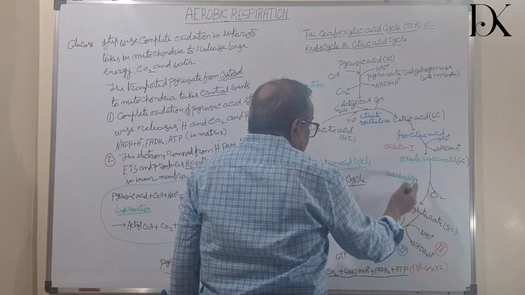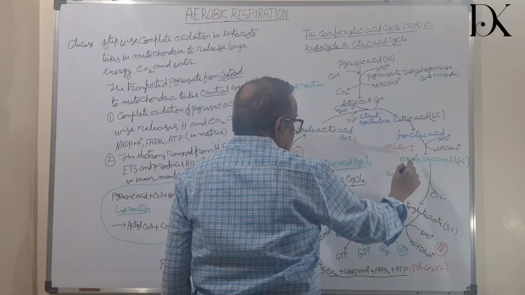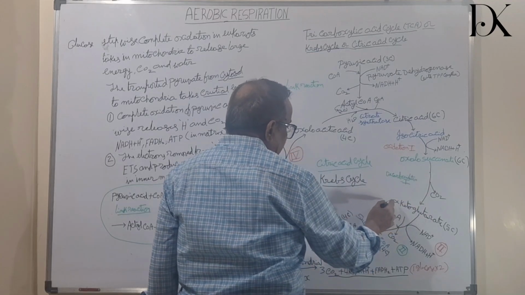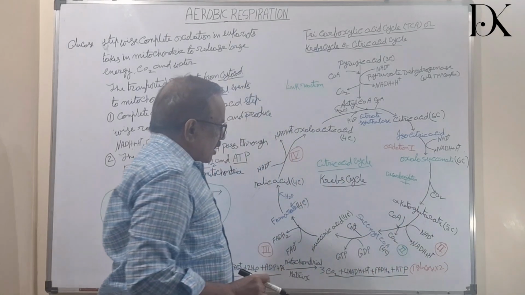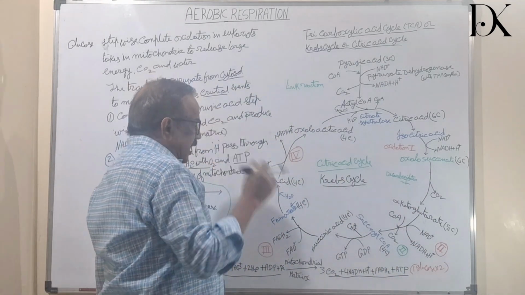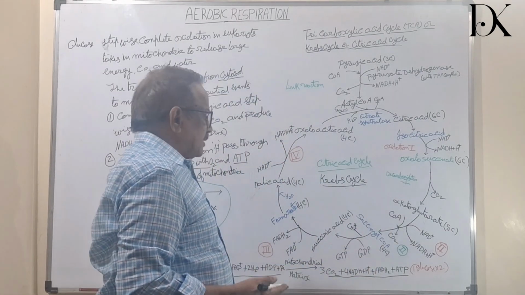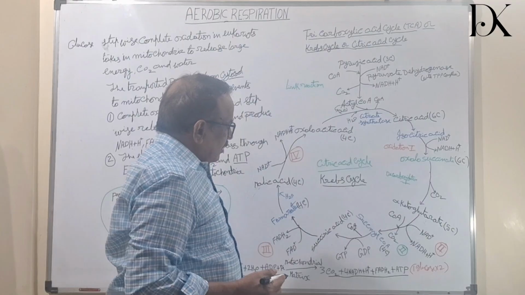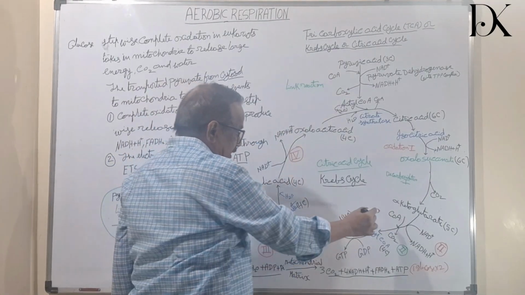By losing one carbon in the form of carbon dioxide, oxalosuccinate will become alpha ketoglutaric acid, a 5-carbon compound. Now again, alpha ketoglutaric acid will be oxidized and decarboxylated.